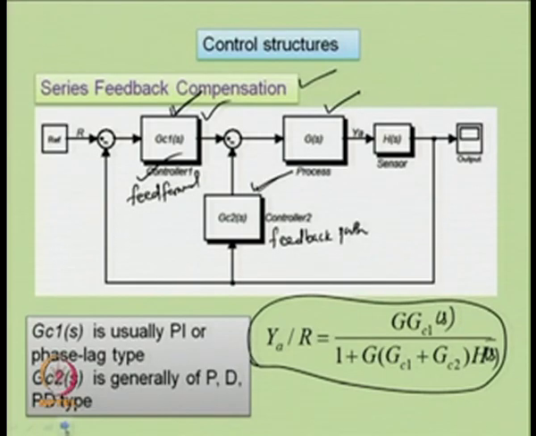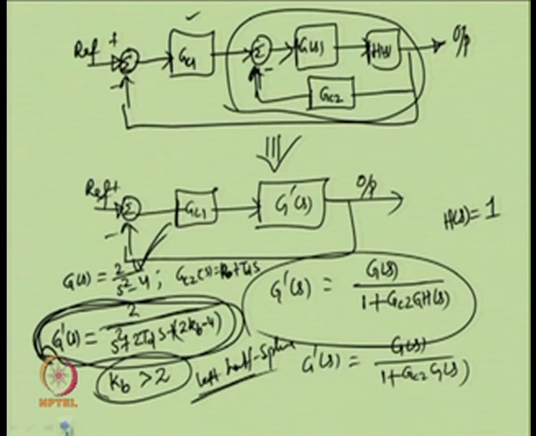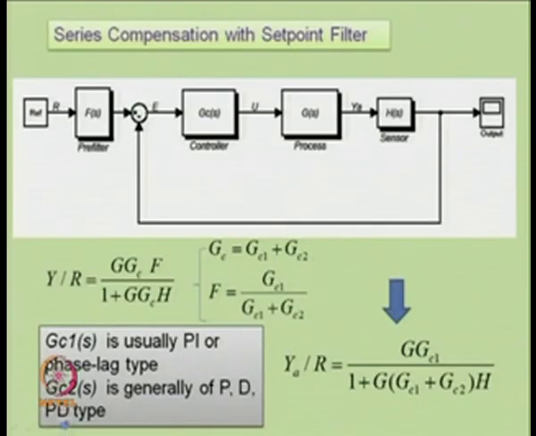Now, we shall see any other type of compensation schemes we have. Yes, we have series compensation with set point filter. Here, we have a controller in the feed forward path, and one more pre-filter before the reference input in the feed forward path.